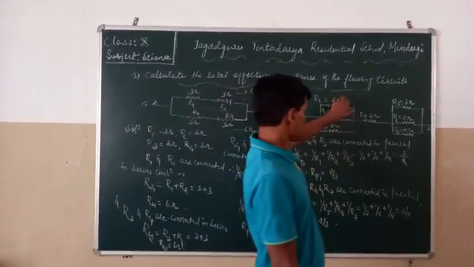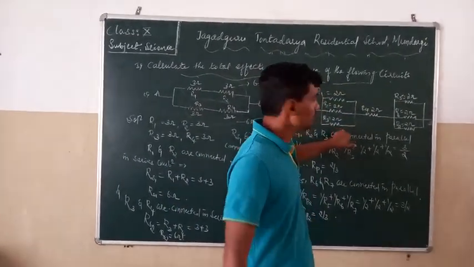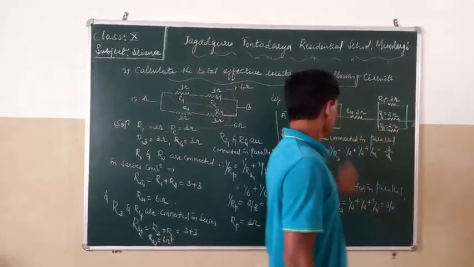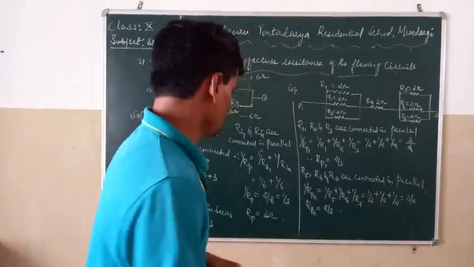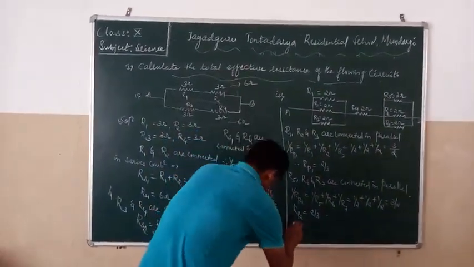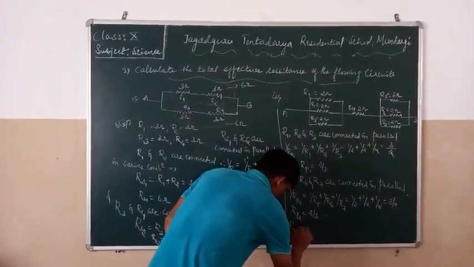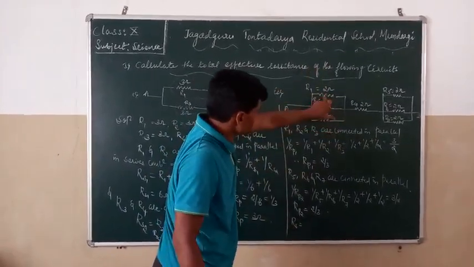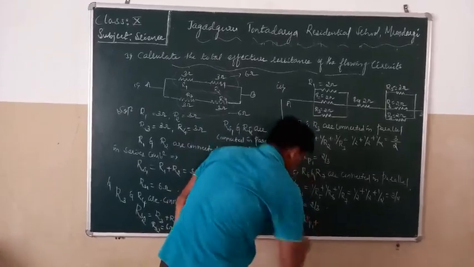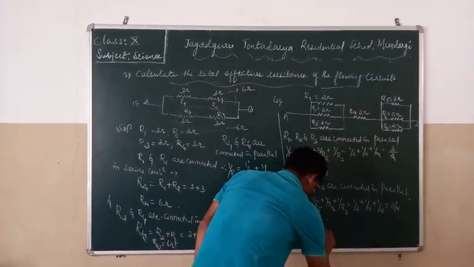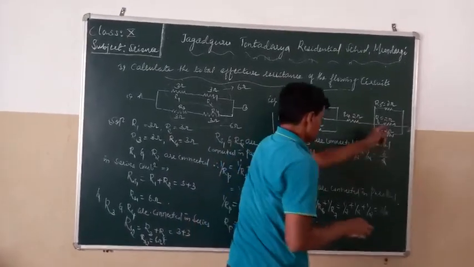This is connected in parallel, this is also connected in parallel. These two parallel combinations are in series with R4. Therefore, Rs is equal to, what is the effective resistance of these three? Rp1 plus R4 plus Rp2.